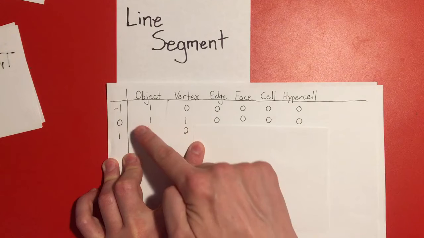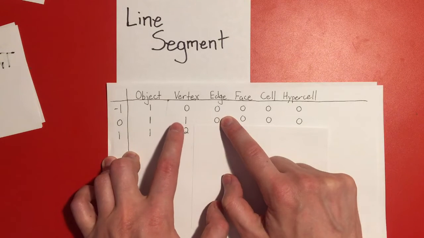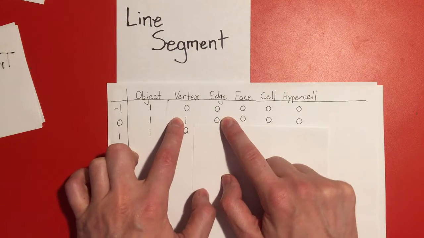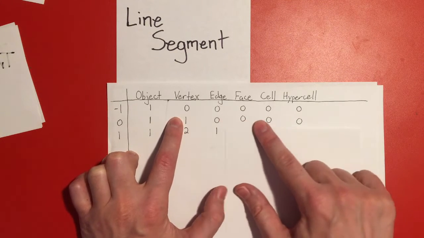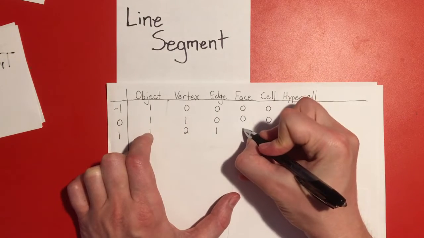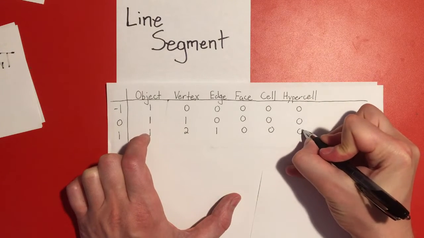Now, the point had 0 edges, and we will now have one edge for every vertex, so 1 plus 0 equals 1. The line segment has 0 faces, 0 cells, and 0 hypercells.